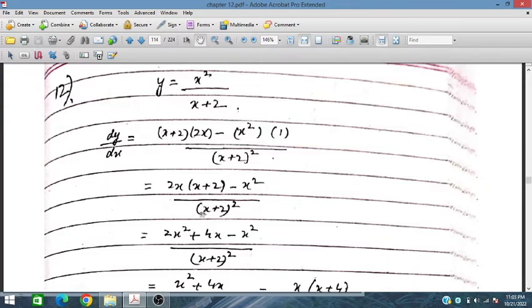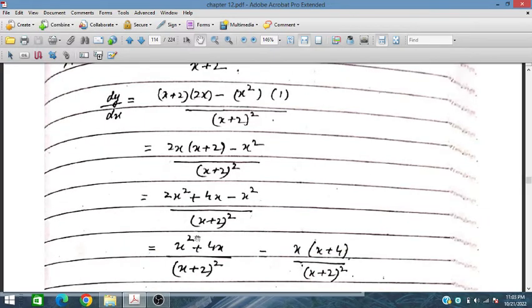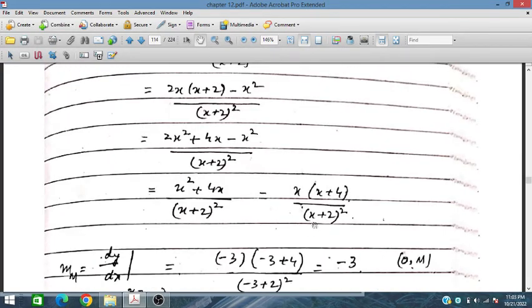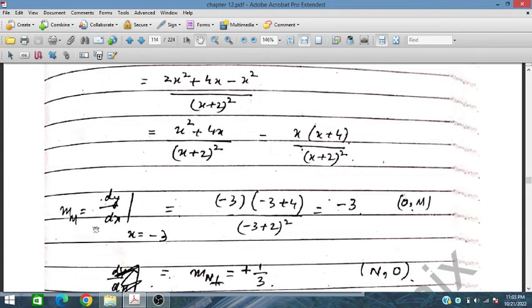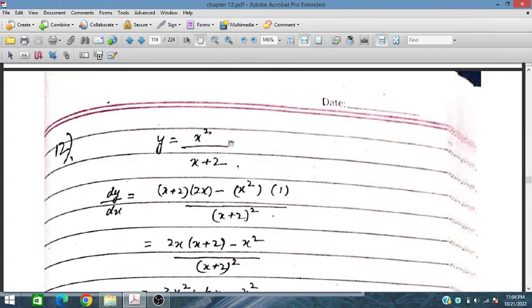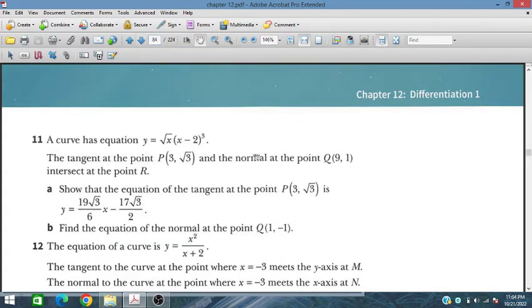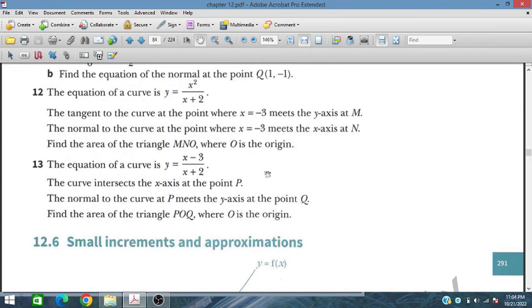So we solve it and we obtain this, and this is the gradient, and at this we have x is equal to minus 3 given.